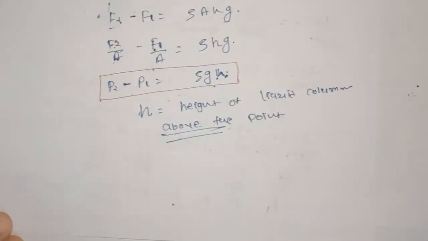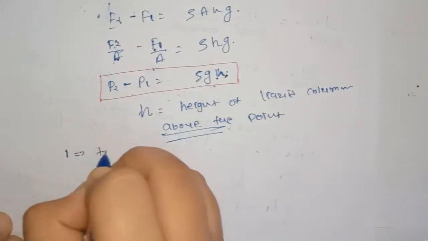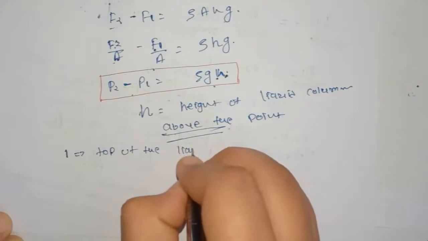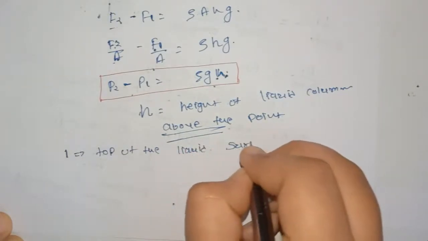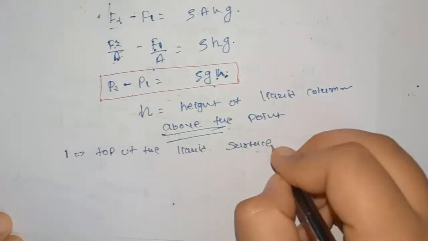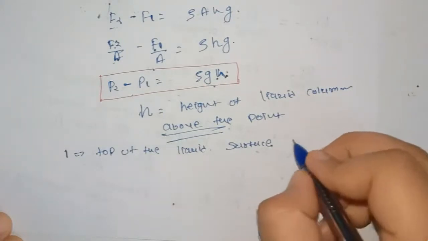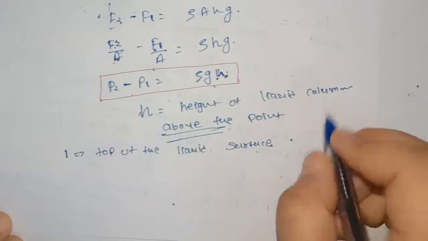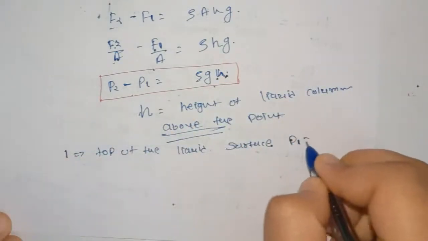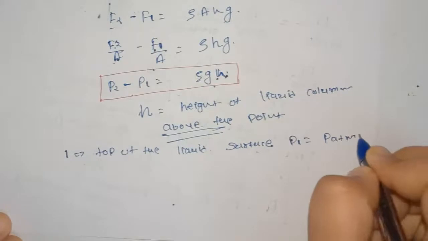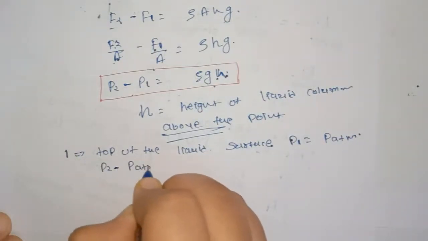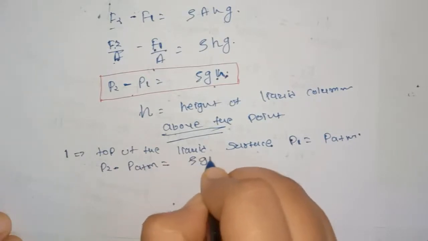Now, if point 1 is at the top of the liquid surface, which is open to the atmosphere, then it will have additional atmospheric pressure. So P1 will be equal to P atmospheric. So we can write P2 minus P atmospheric is equal to rho gh.